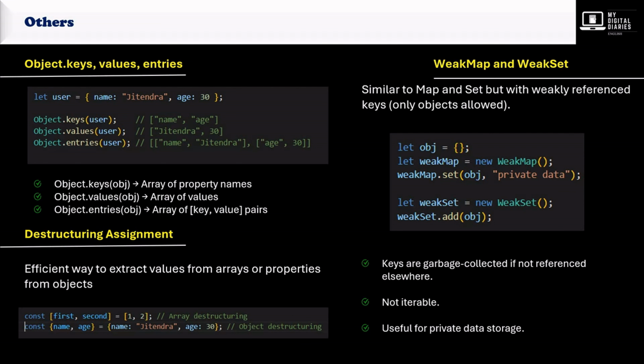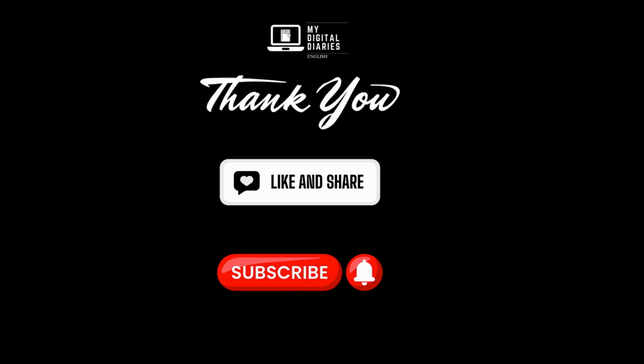Similarly, WeakSet only stores object values, and they are also garbage collected when not used elsewhere. WeakMap and WeakSet are not iterable, so you can't loop through them, but they are very useful for storing private data or metadata without preventing garbage collection.